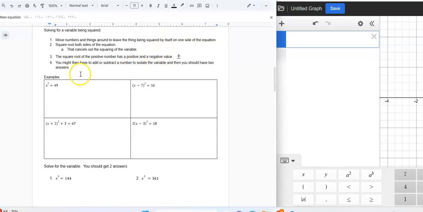For these first two examples, you don't have to do step 1, because there's nothing else on the same side of the equal sign as what's being squared. But for this one and this one, yes. For example, for this one, you would subtract 3 first. This one you divide by 2 first, because you need to make it just the thing being squared, isolated on one side of the equal sign.